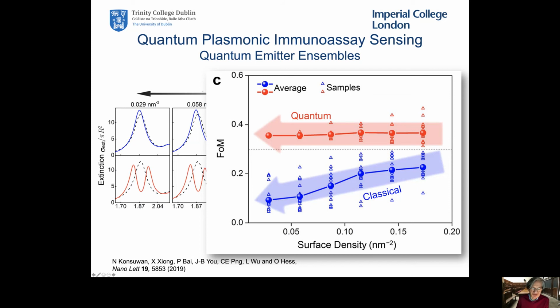Being a quantum process, a single response has a similar magnitude as many, and is independent of the density. And that's a very remarkable and very important effect if, for example, biological molecules such as viral distributions are to be investigated or detected.